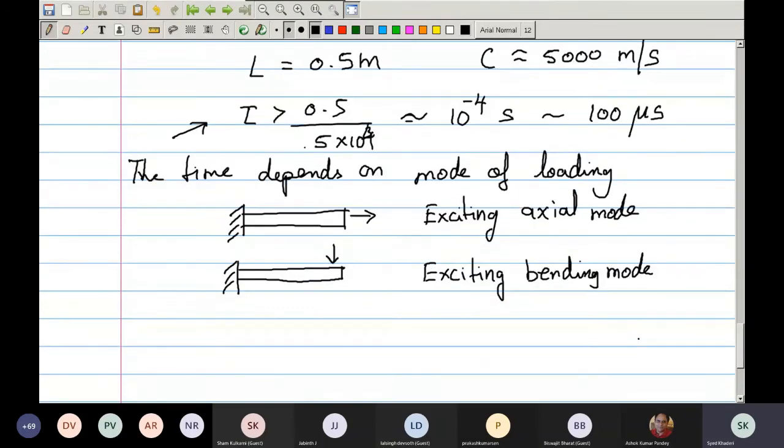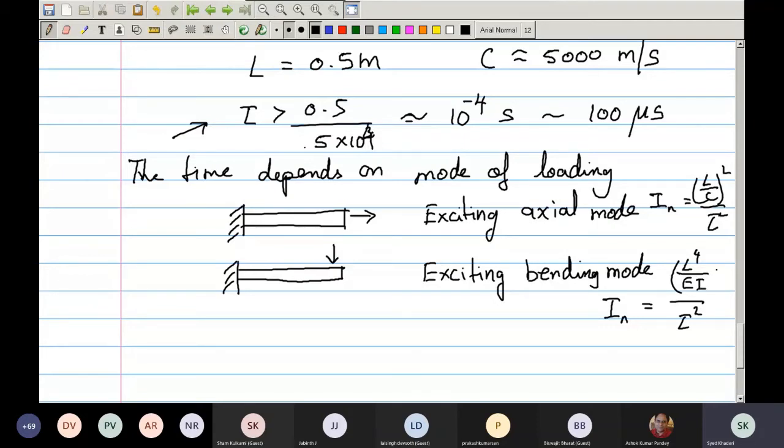For the axial mode, what we have seen is that the inertia number is L square by C square tau square. For the bending mode, the inertia number will be different. If you have time, you can work it out. It will still have tau square, but you will have L power 4, and some version of elastic modulus and moment of inertia.